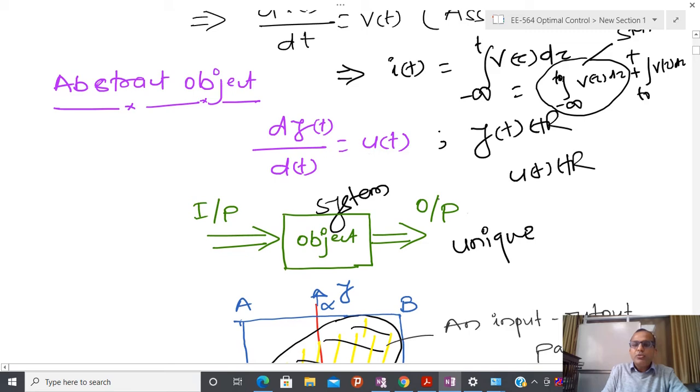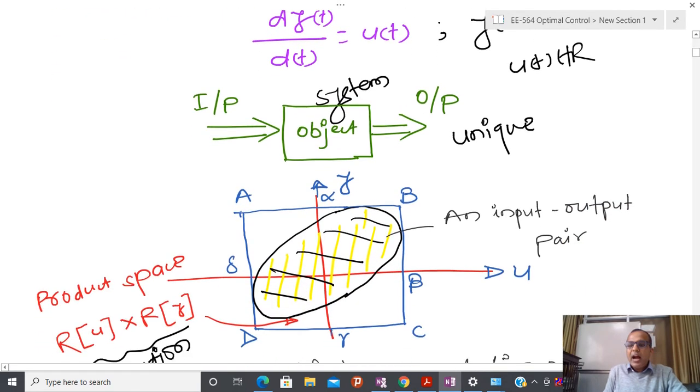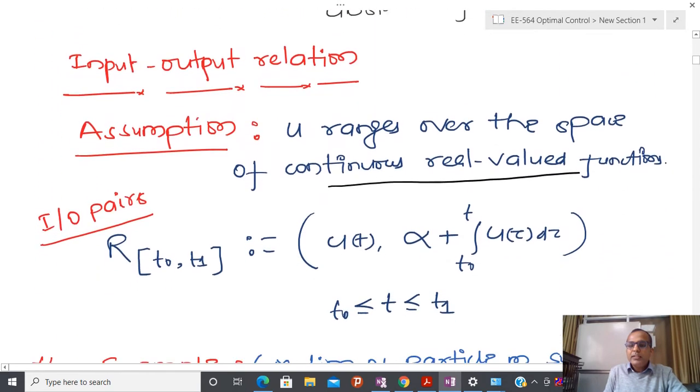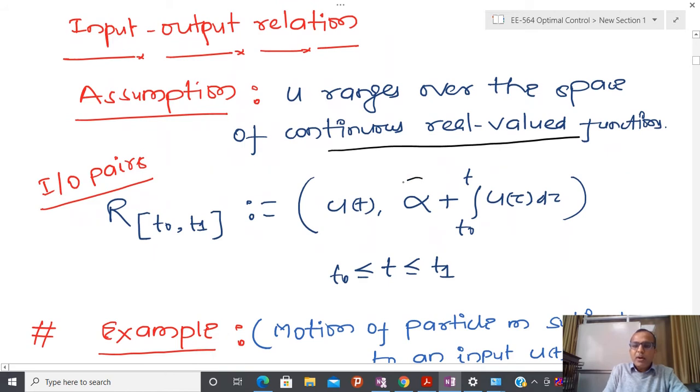So this particular quantity alpha summarizes all the past memory, and if you interpret this very carefully, that is the state of the system. So I have just talked about the input output pair in this particular time interval.